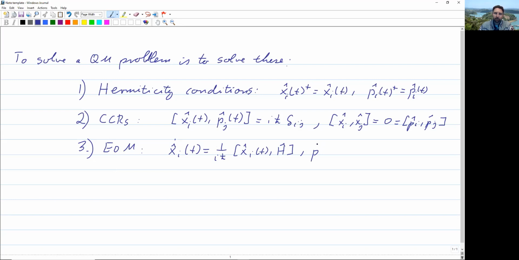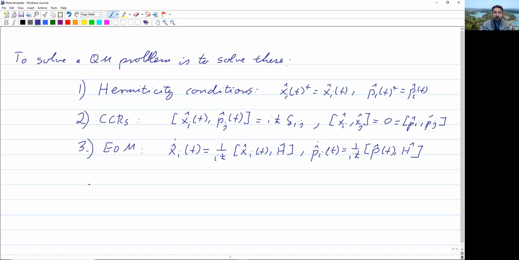And similarly for the momentum, it's 1 over i h bar times the commutator of p hat of t with H hat. And that dot should not be there. Okay.